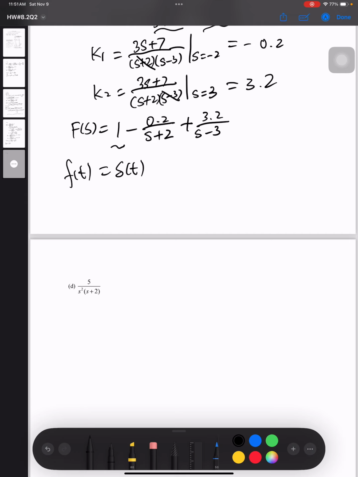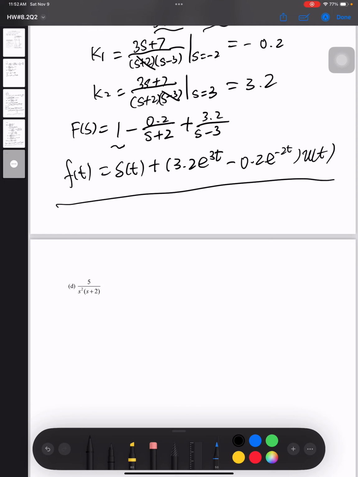We can simplify, and eventually we get delta t plus 3.2 e to the 3t minus 0.2 times e to the minus 2t, times u(t). So this is the final answer for this problem.